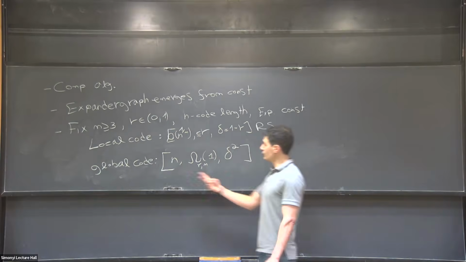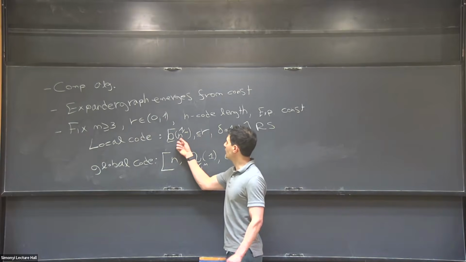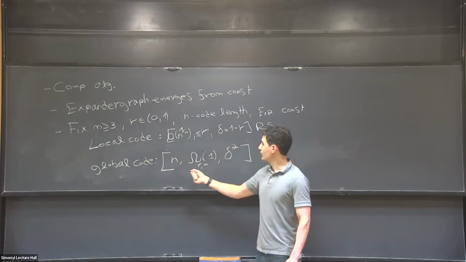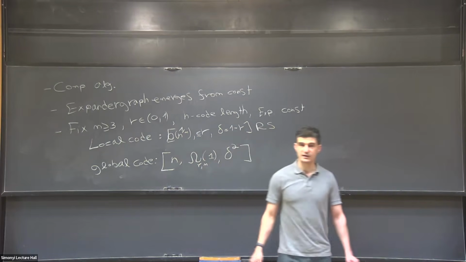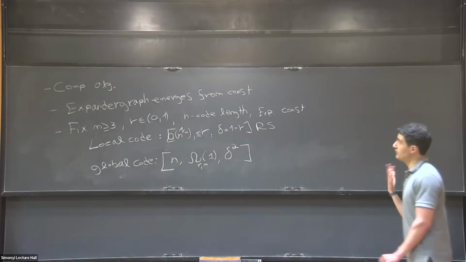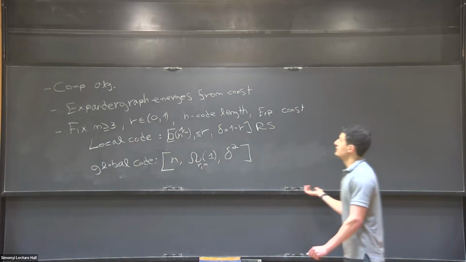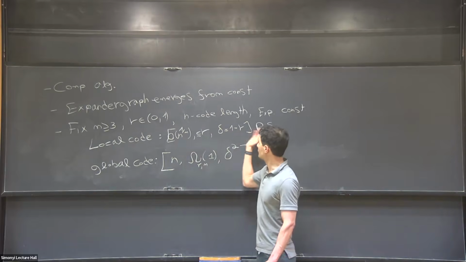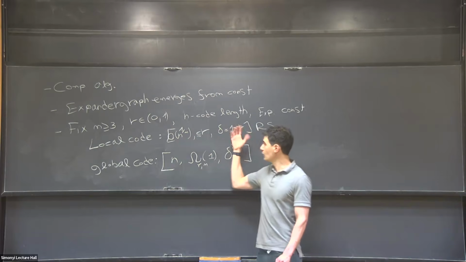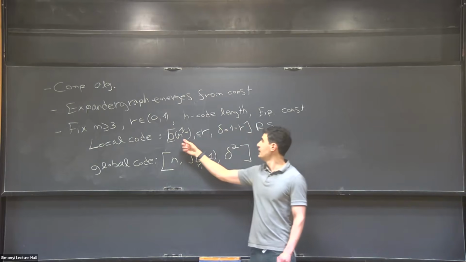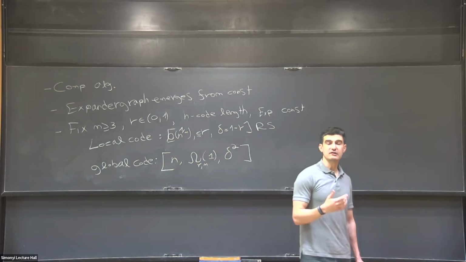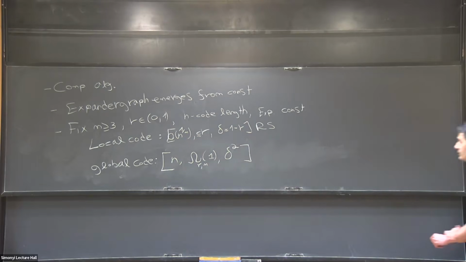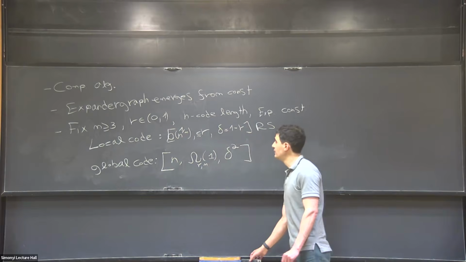So again, there are two caveats: the locality or degree of the graph, and the alphabet. For me, it's a very interesting question: can you get expander codes with similar parameters, where the local codes are Reed-Solomon codes, but the locality is subpolynomial? That would be a very interesting question to resolve.